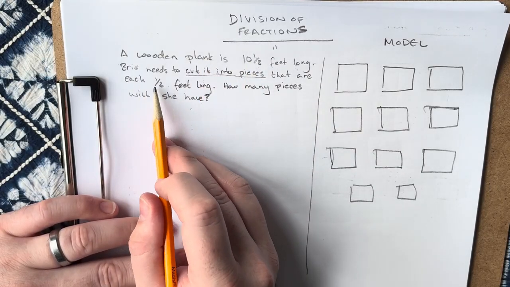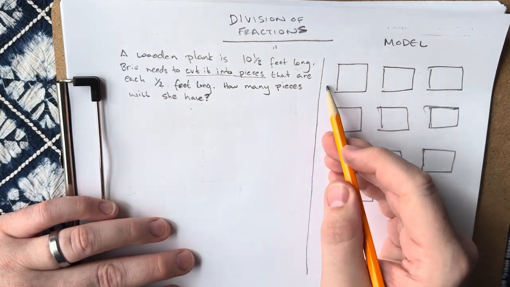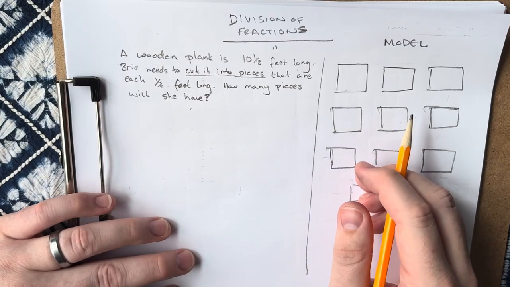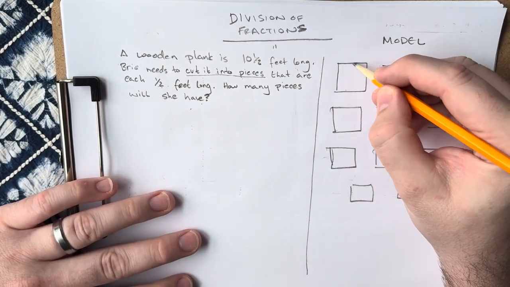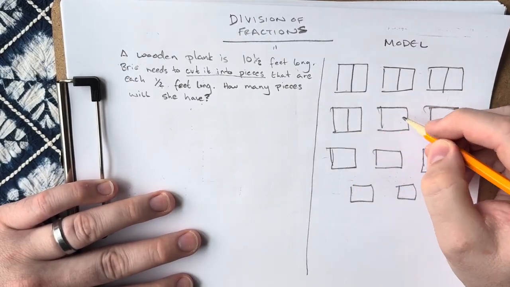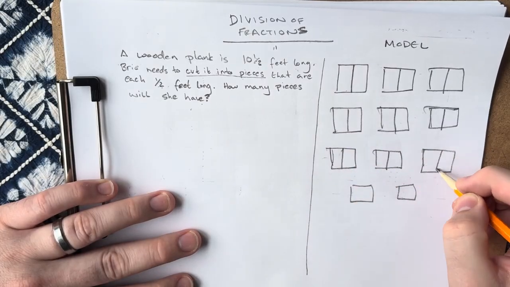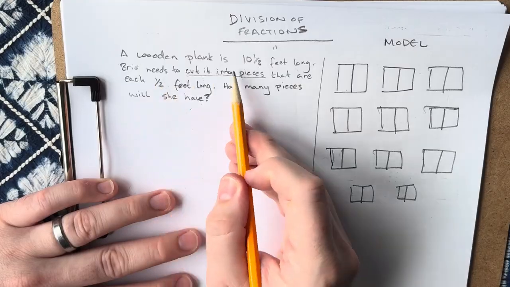And since they're cutting it into sections that are 1/2 foot long, okay, this each is one whole piece, one whole plank, okay? So we'll split all these into 1/2. This will fit nicely since it's the same denominator.